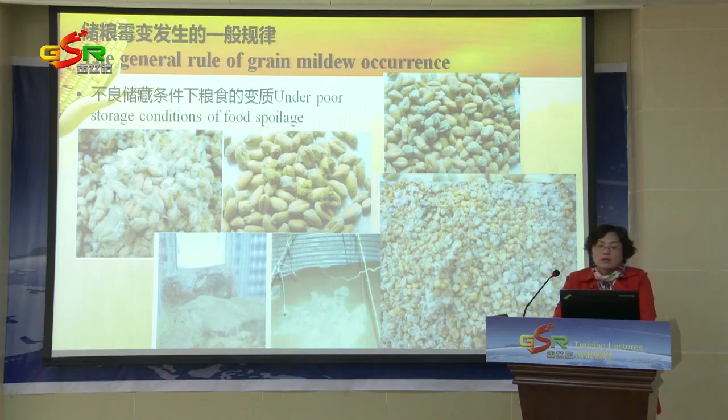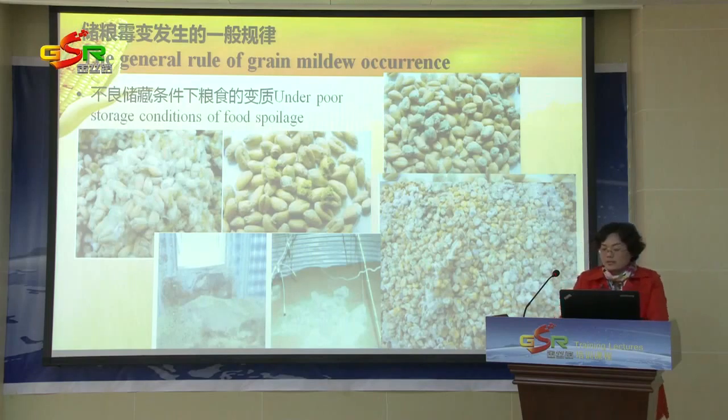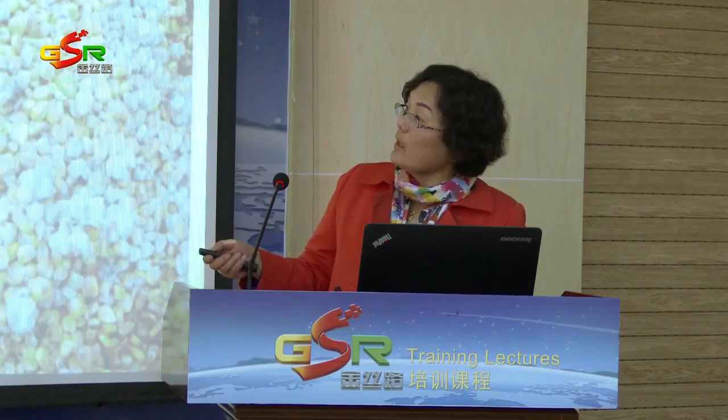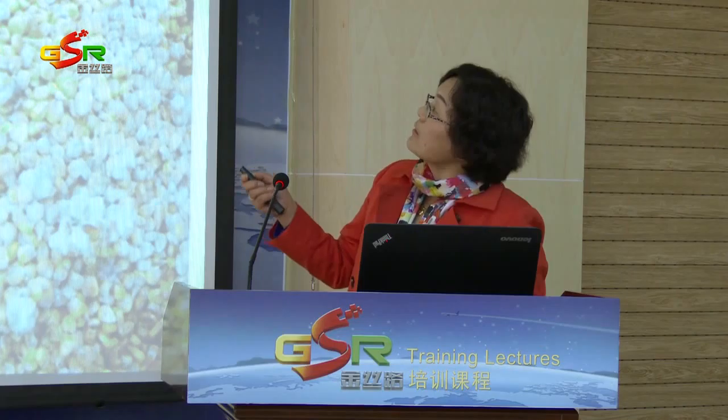We now know how food contamination is induced. The general rule of grain mold occurrence is that under poor storage conditions, food spoils. We can see many situations like this one. This is wheat, yellow and green.